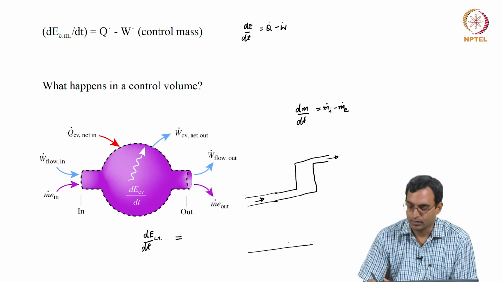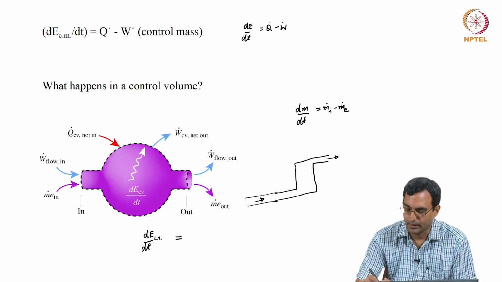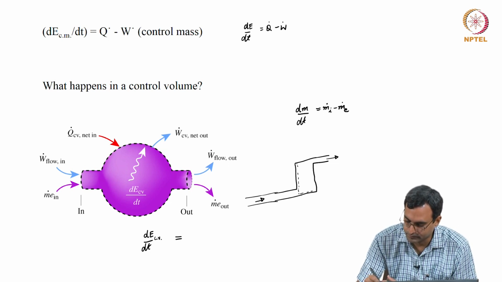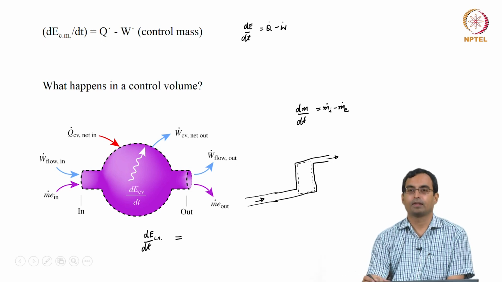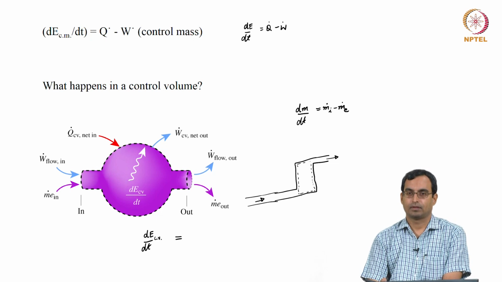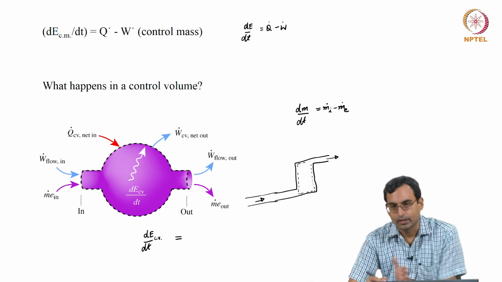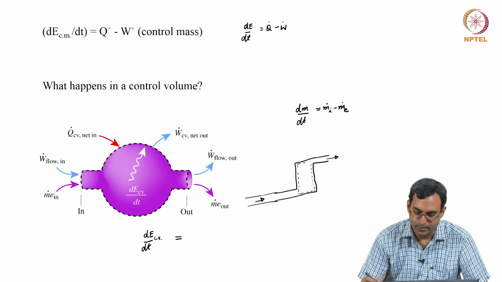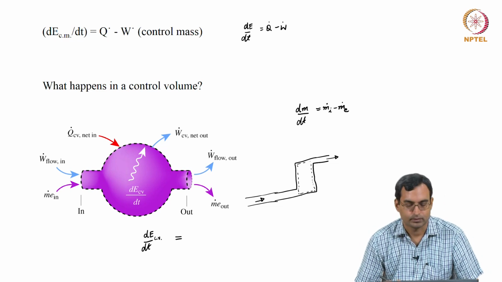In order to push this liquid in, I need to do work. So, I am doing work on the liquid, and that is something which I need to take into account.